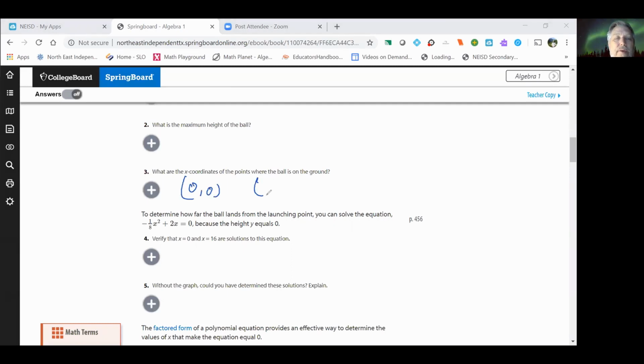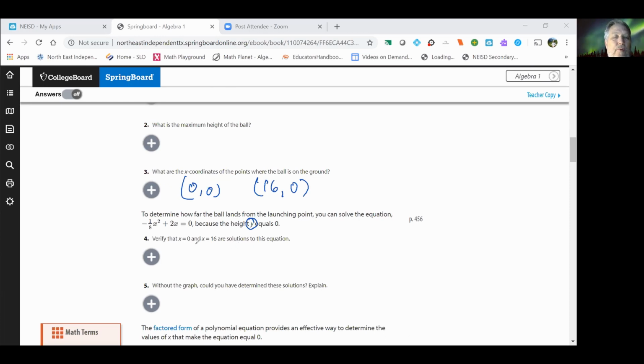On the ground means that the y value is 0, and the x value is how far it travels. That's going to be the 16. So 16, 0. To determine how far the ball lands from the launching point, you can solve the equation -1/8 x squared plus 2x equals 0, because the height h equals 0. We're going to verify that x equals 0 and x equals 16 are solutions.